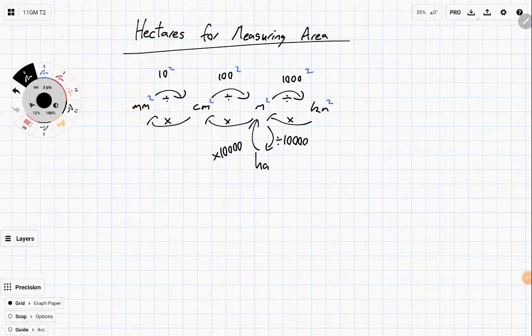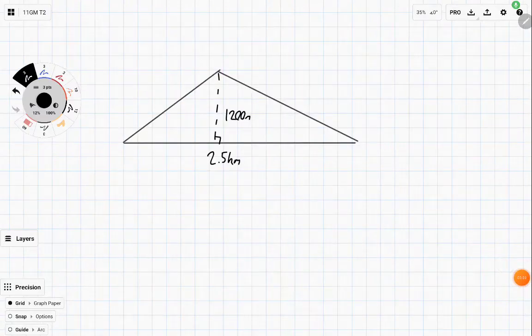Alrighty, so let's actually have a look at trying to work out the area of something. This is our friendly half parallelogram, commonly known as a triangle. So its area is half base times height, or base times height over 2, whichever you prefer. Issue: our units are in the wrong units. We've got one in metres and one in kilometres. So let's use our regular conversions to sort this out.